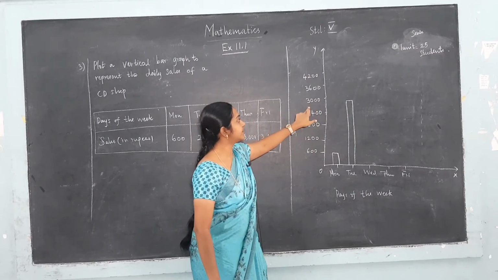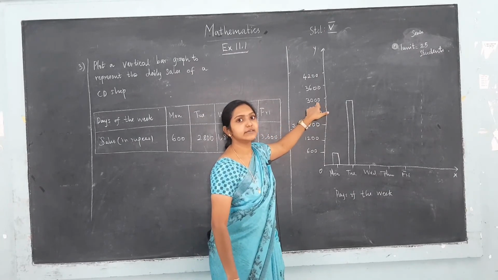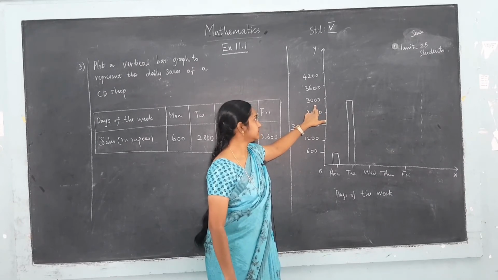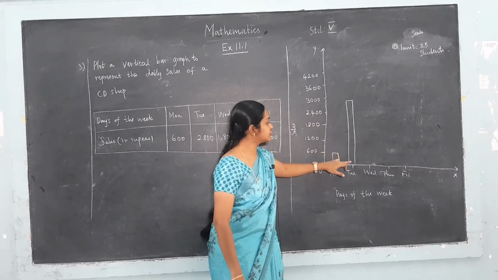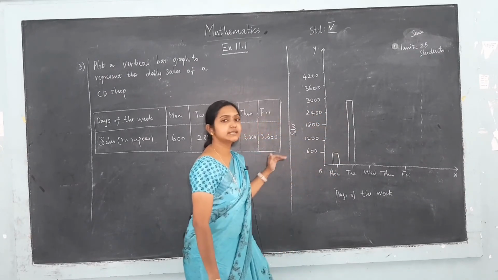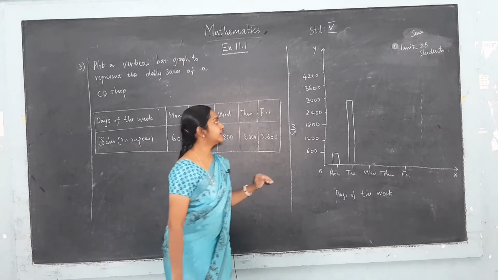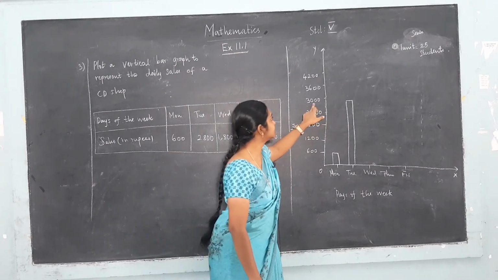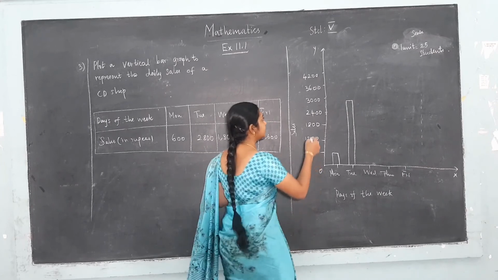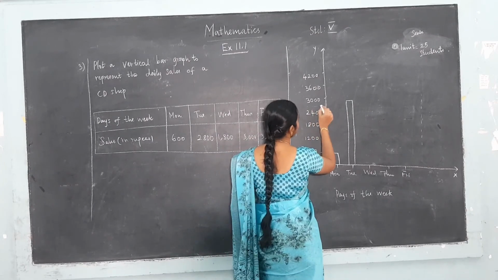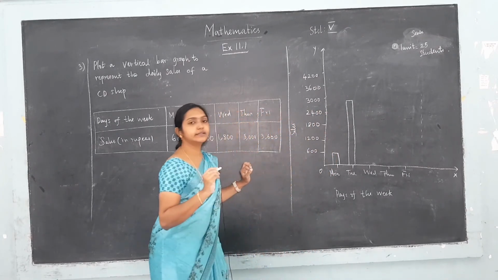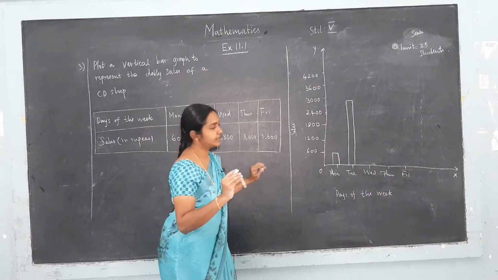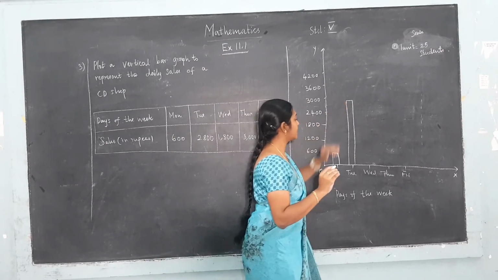Middle line will represent 2700. So we have to draw the rectangular bar which is greater than 2700, but it should not touch 3000. Here there will be a middle line which is dark and that line represents 2700. We have to draw the rectangular bar above that.